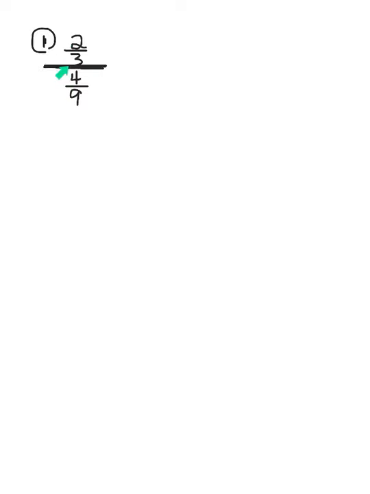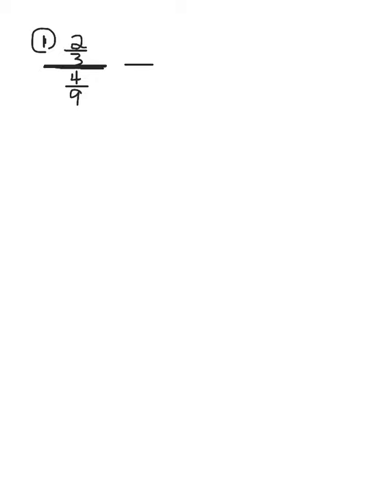Now, let's think about what this line also means. When we have a fraction, doesn't that also mean division? So this is really 2/3 divided by 4/9. Now, I'm not always going to write it this way, but for the first question, I will.